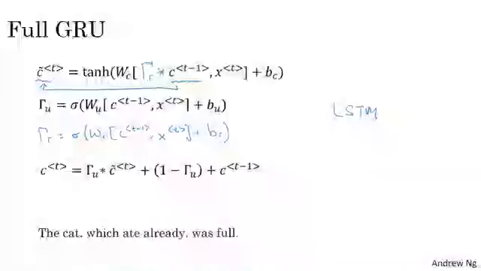If you look at the academic literature, sometimes you see people use an alternative notation, with h tilde, u, r, and h to refer to these quantities as well. But I tried to use a more consistent notation between GRUs and LSTMs, as well as using gamma to refer to the gates, to hopefully make these ideas easier to understand.